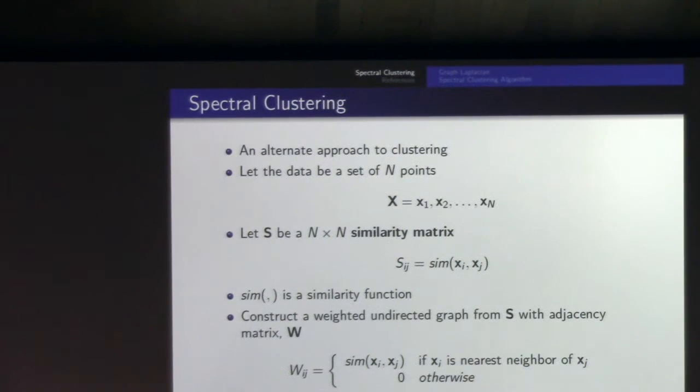One is a set of nodes, and second is the edges that connect these nodes, right? And sometimes you have weights on these edges as well, and sometimes they are just 0 and 1, right? Where 0 indicates that there is no edge, and 1 indicates there is an edge, right? So that matrix is also known as the adjacency matrix of the graph, right? So you can construct an adjacency matrix from the similarity function like this.